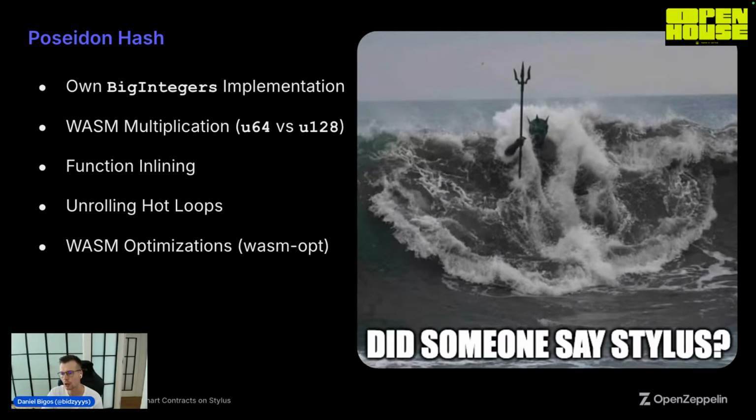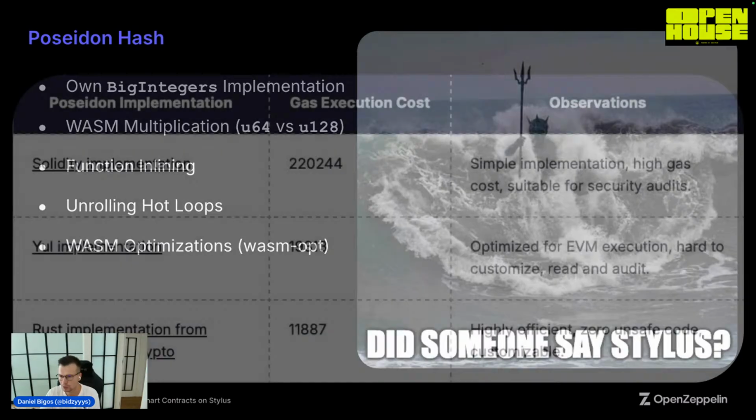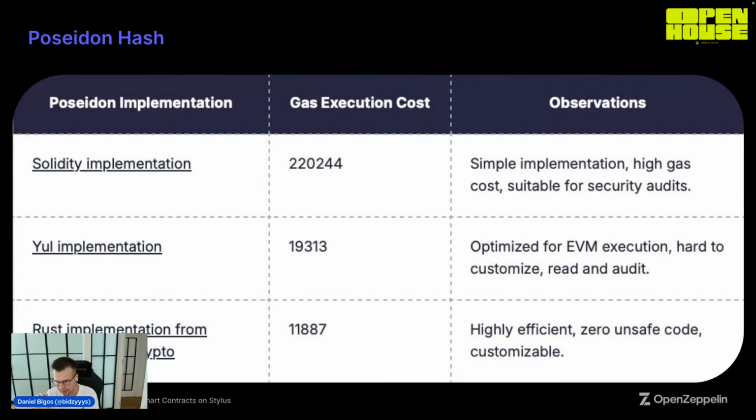Many optimizations were applied, like using different integer types, function inlining, unrolling hot loops, and using some Wasm optimization tools. We did some benchmarks, and the results that we got are amazing.